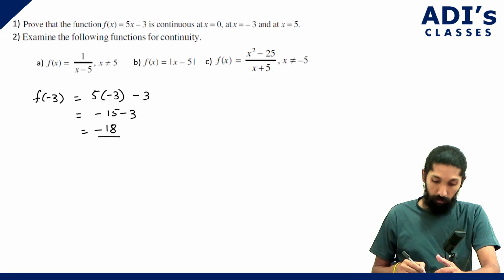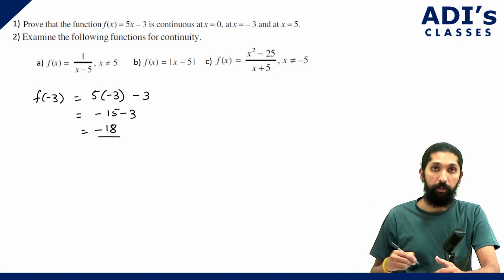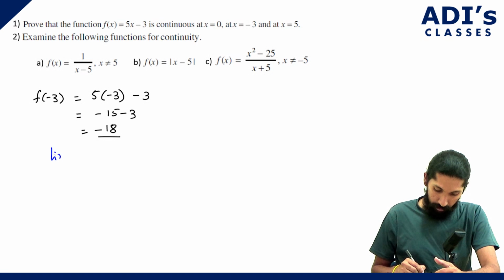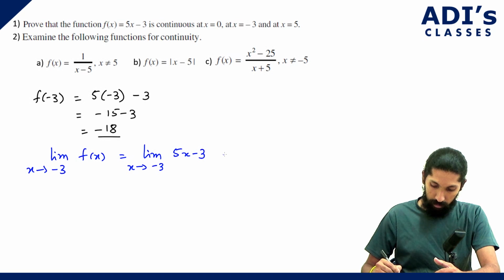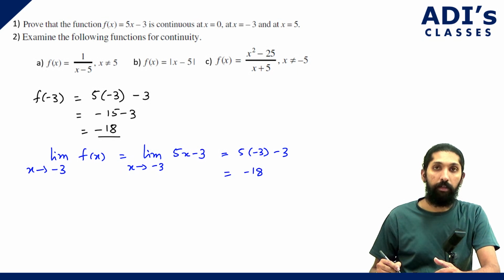Now, the next thing we do, the limit part. So limit as x tends to minus 3, f of x, limit as x tending to minus 3, 5x minus 3. So this is nothing but 5 times minus 3, minus 3, which is minus 18.